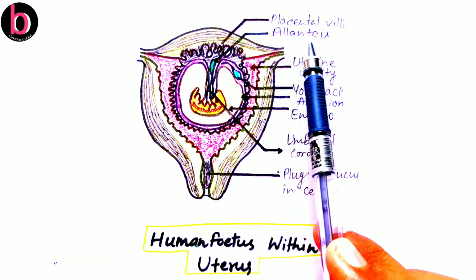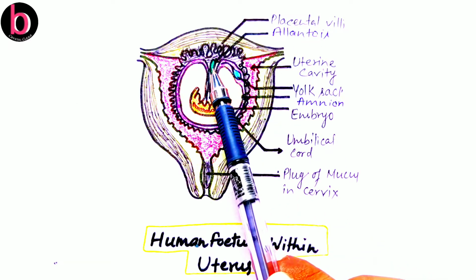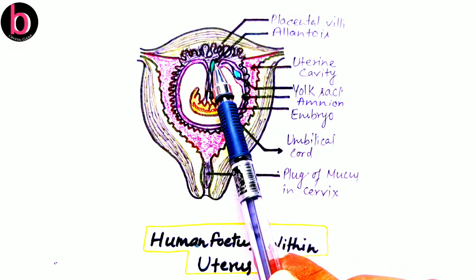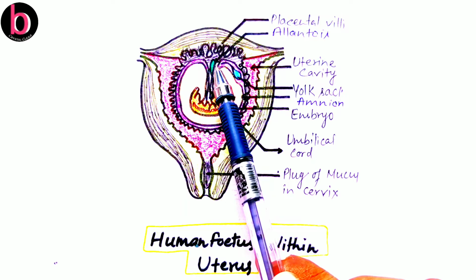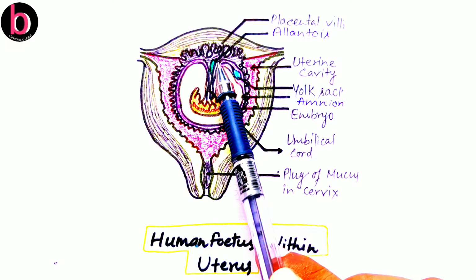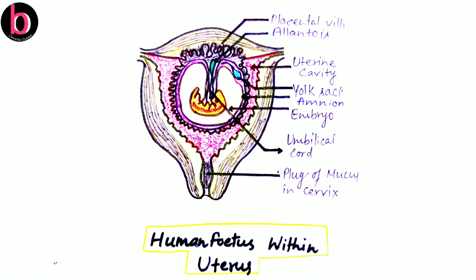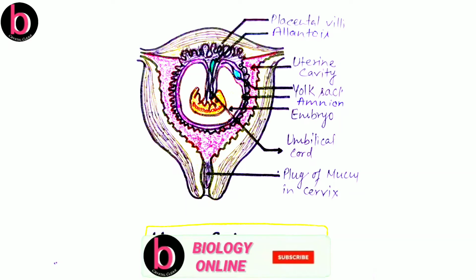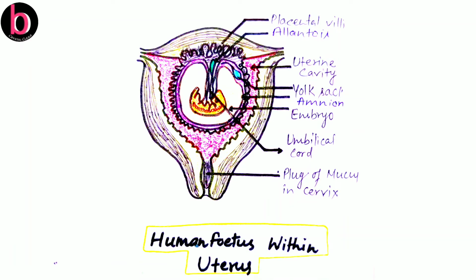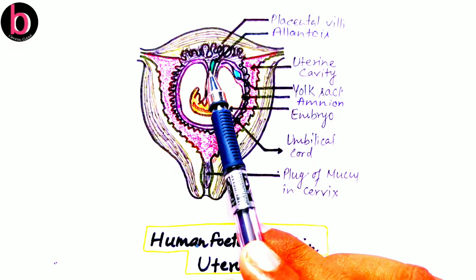Next is allantois. So this point is about allantois. Allantois provides blood vessels to the placenta. As we earlier know, there is no direct blood supply from the mother's blood vessels inside the embryo or fetus, so this goes through allantois.